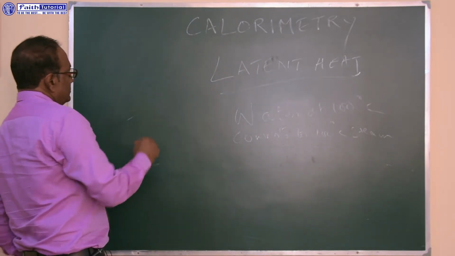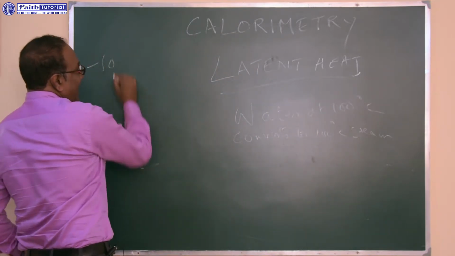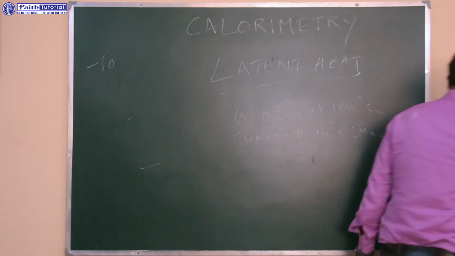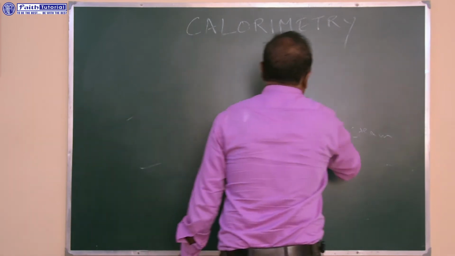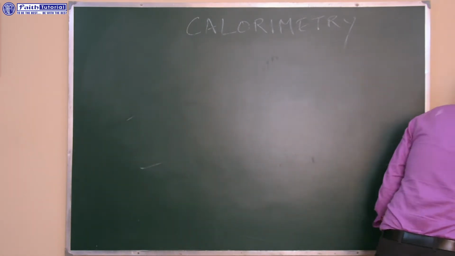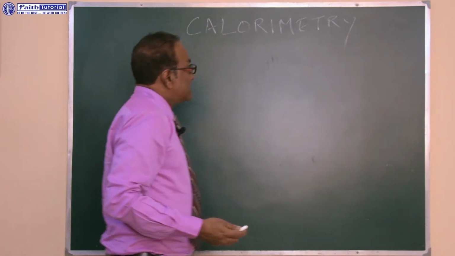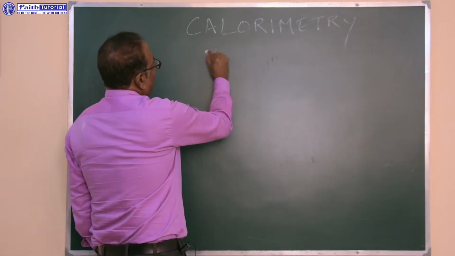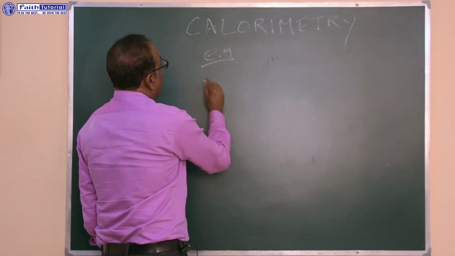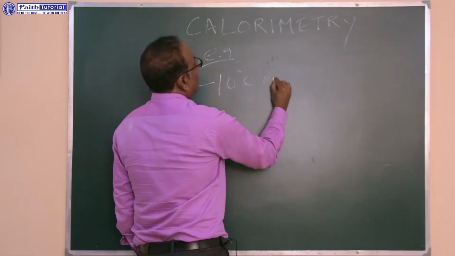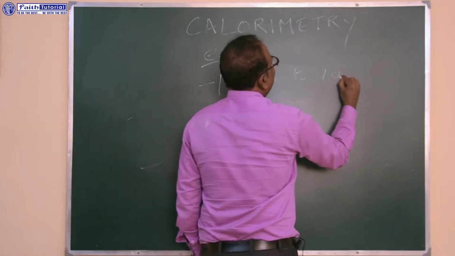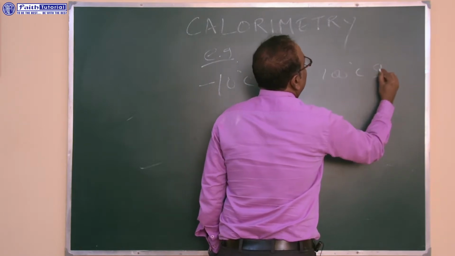Supposing minus 10 degree centigrade ice. Let me explain it to you with an example: minus 10 degree centigrade ice to 100 degree centigrade steam.